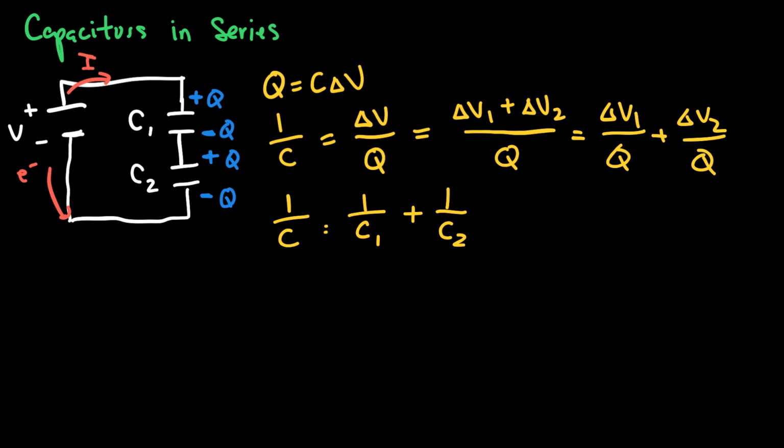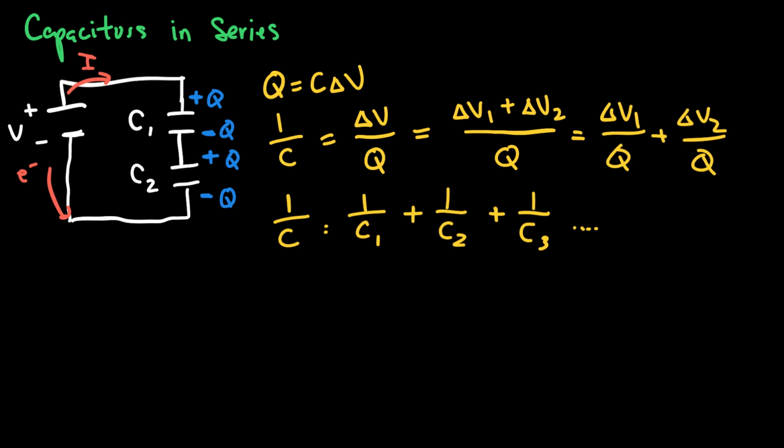So, similar to the relationship that we found for resistors in parallel, the equivalent capacitance for capacitors in series is 1 over C1 plus 1 over C2, and I have to keep adding these for each capacitor until I've added them all up, and then I need to find the inverse of that to find the equivalent capacitance.